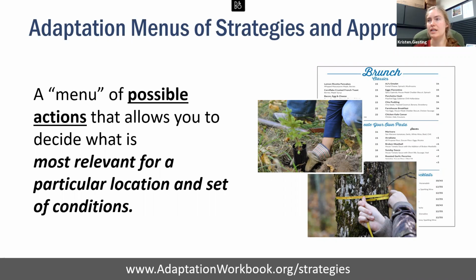They're organized in a hierarchy going from broader approaches to more specific tactics. And we have different menus focusing on a variety of topics and disciplines, but I think most of you will probably be using either the forestry menu or the agriculture menu. There's a possibility that you may use both depending on the scope of your project.